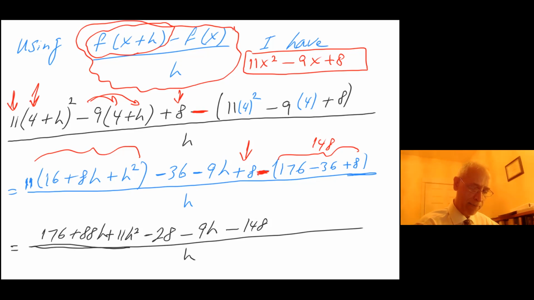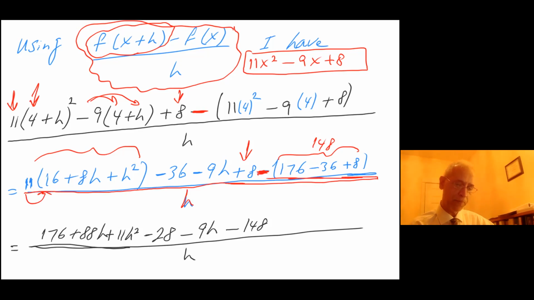Now here, 11 times, and of course, this is all over h. Okay, 11 times 16 is 176. 11 times 8h is 88h. 11 times h to the second is 11h to the second.